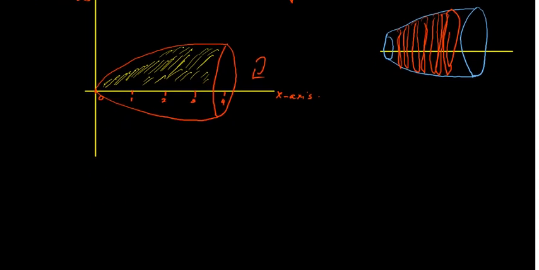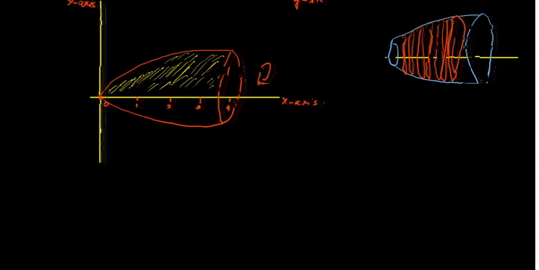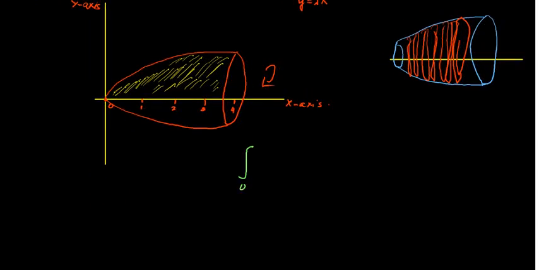So I'm going to integrate over here from 0 to 4, and that would be equal to pi r square, and in this case the height is the thickness of that one. So the small thickness could be written as dx, so it would be like pi r square dx.